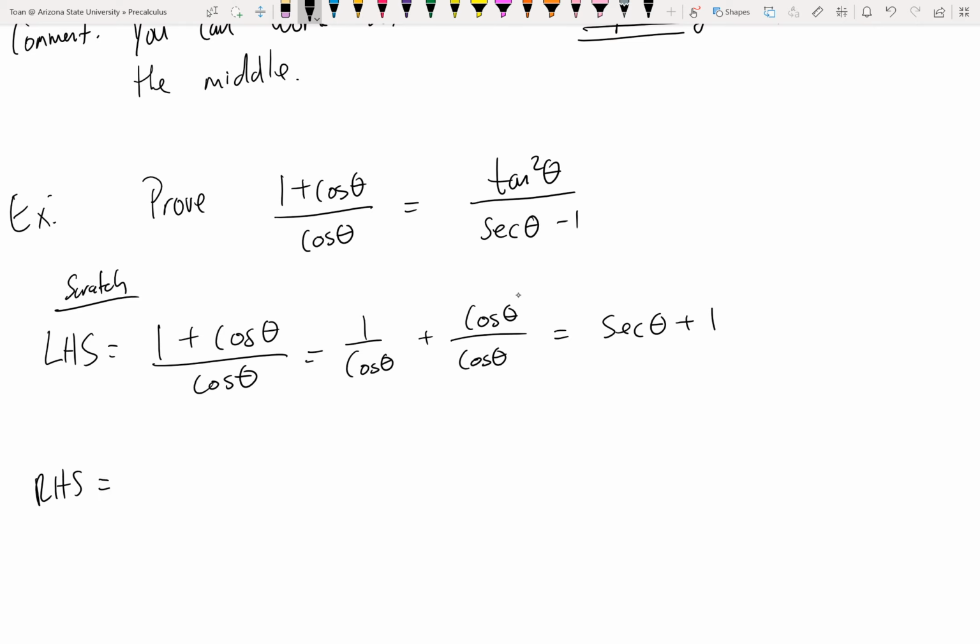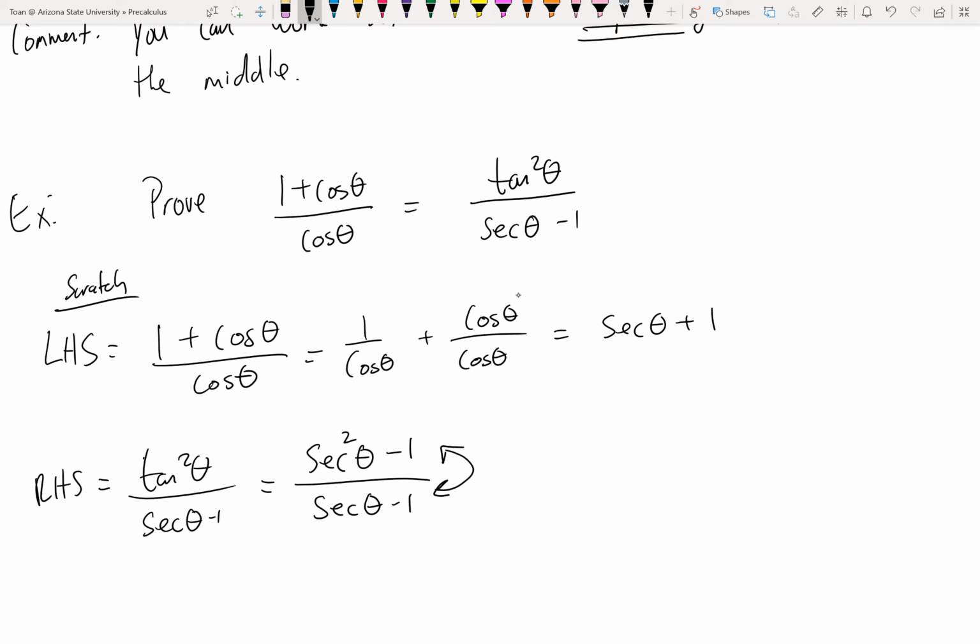What can I do with the right-hand side? If I have tangent squared theta over secant theta minus 1, well, I do have a trig function being squared, so I'm going to think of a Pythagorean identity. And I know that tangent squared theta is secant squared theta minus 1. Now, there's something funny about this. They're very, very close, except this is a square.